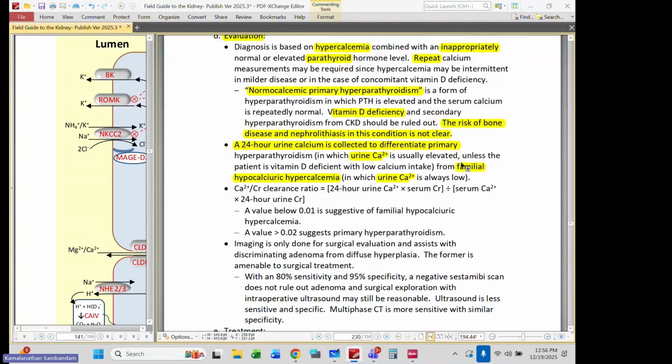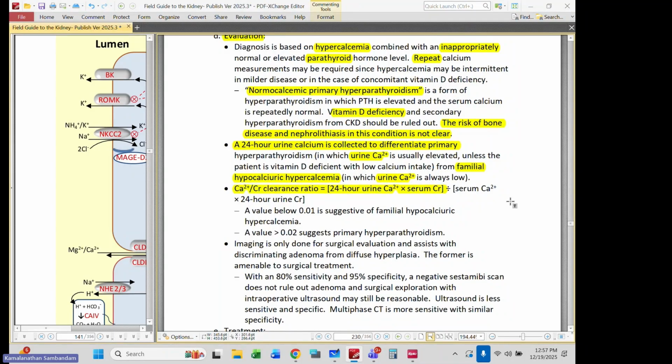People have used genetic testing to prove you have FHH, and then tried to assess the utility of 24-hour urines to discriminate between the two, and it reveals it's not a perfect test. It's a pretty good test, but it's not a perfect test. Okay, now it is perhaps better to use a calcium to creatinine clearance ratio.